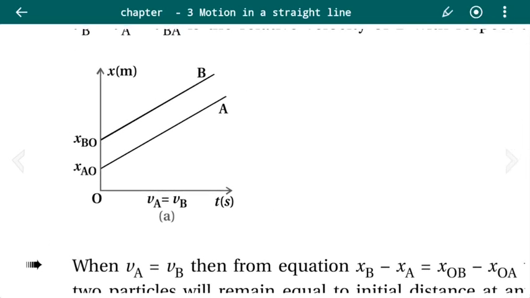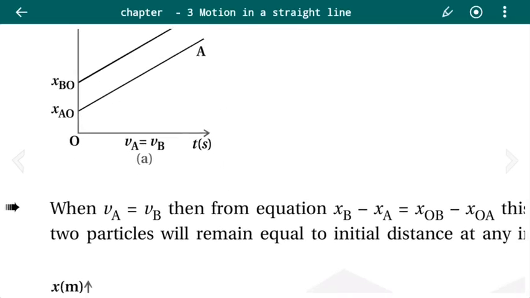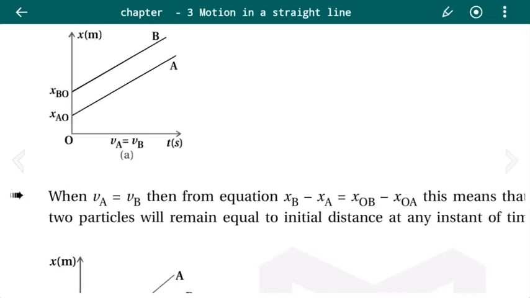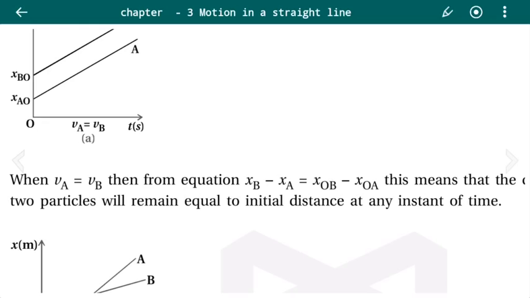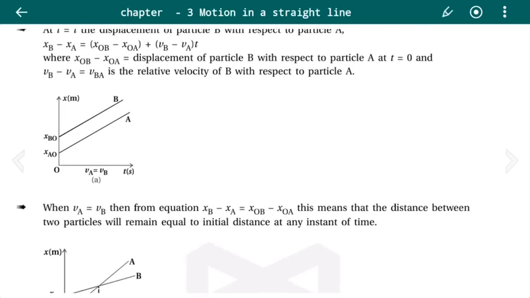So as you can see in the graph, when velocities are equal, the displacements are xoa and xob. This means the distance between the two particles will remain equal to the initial distance at any instant of time.